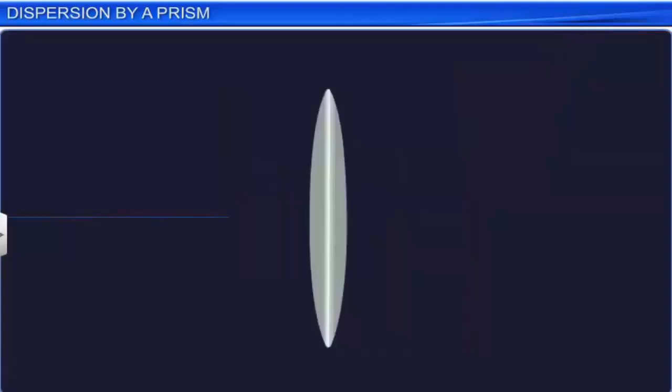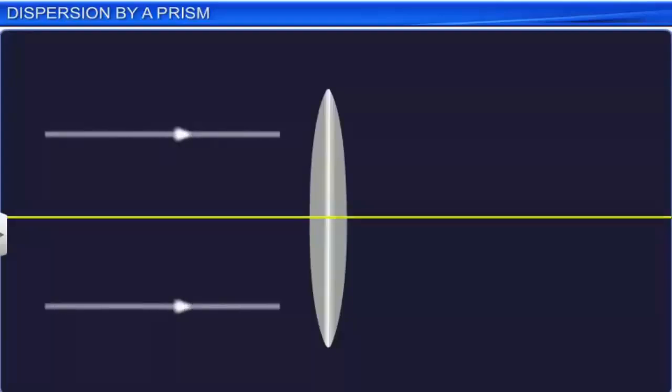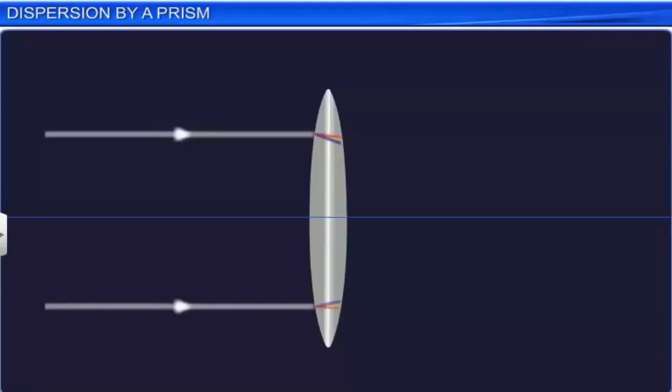We can observe the effects of dispersion of light in the case of a lens, especially if the lens is thick. For example, if a beam of white light parallel to the principal axis is incident on a thick convex lens, it gets dispersed at both the edges of the lens.